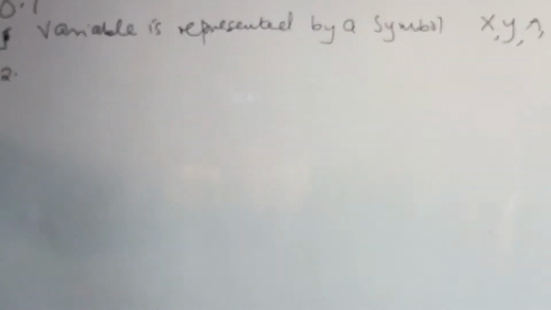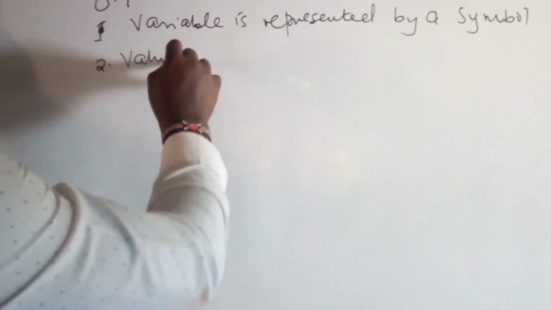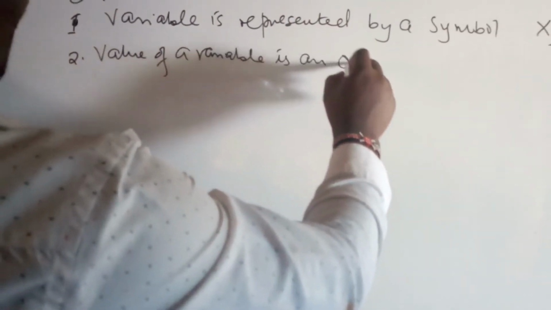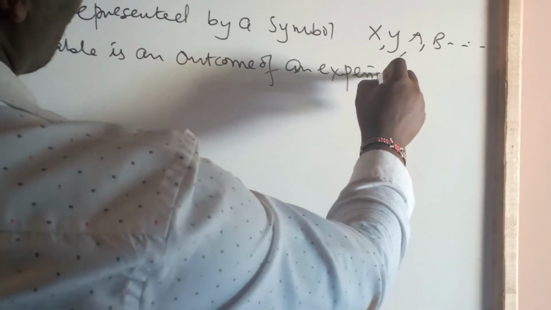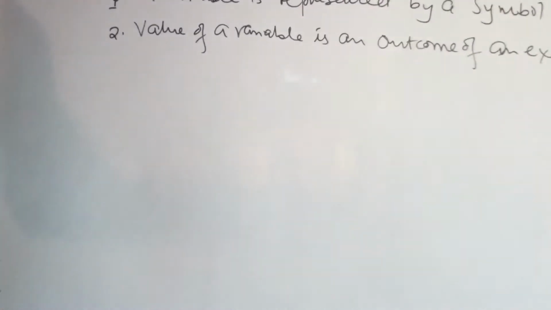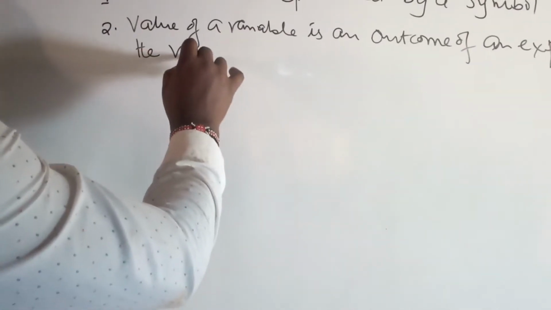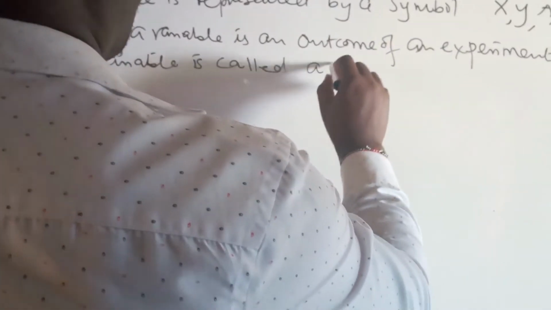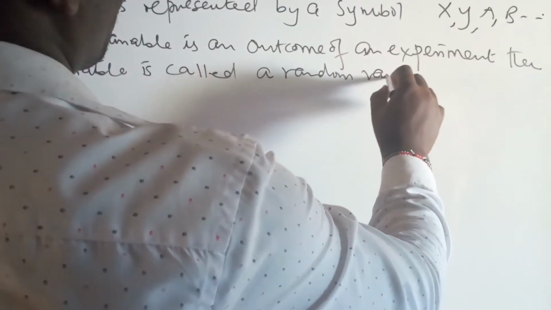A variable is called a random variable only when it is from an experiment. It is important to note that.